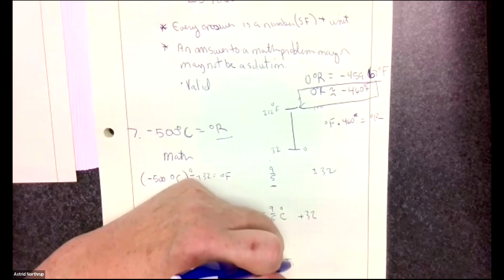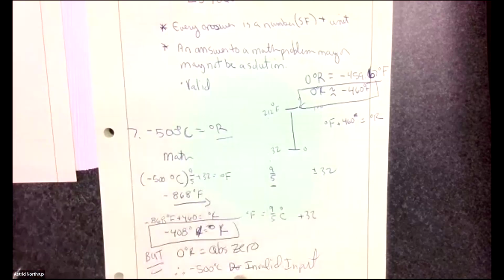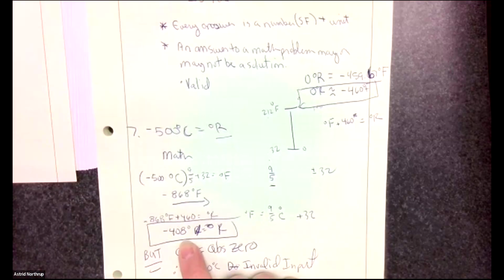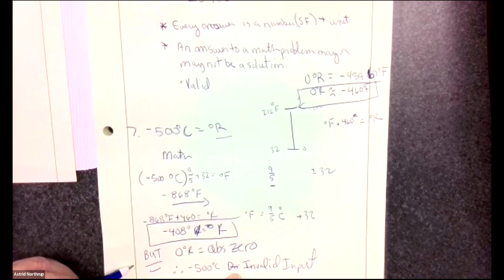So when you're doing your homework, this is the numerical answer to the math problem, but the solution to the problem is invalid input, or you could say does not exist, or below absolute zero, or something indicating that.